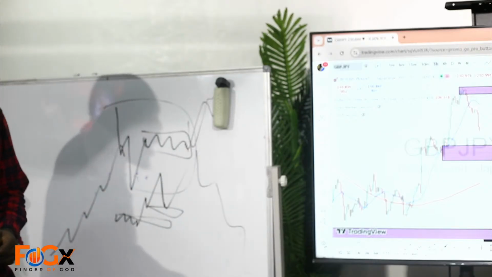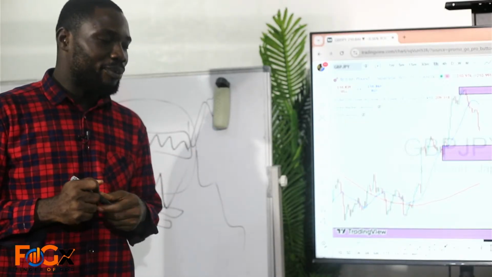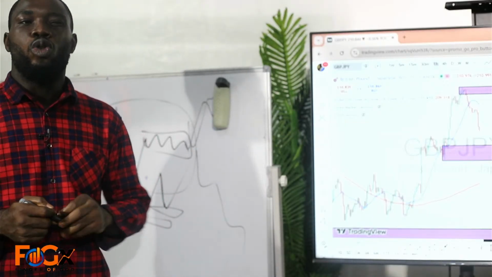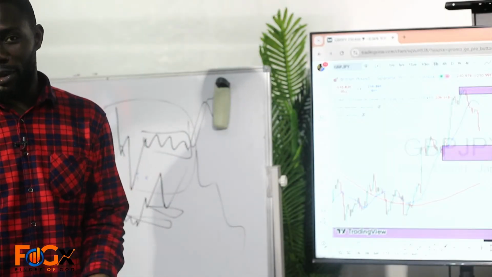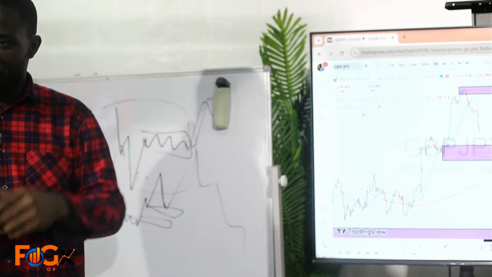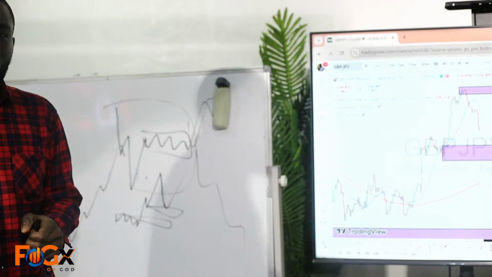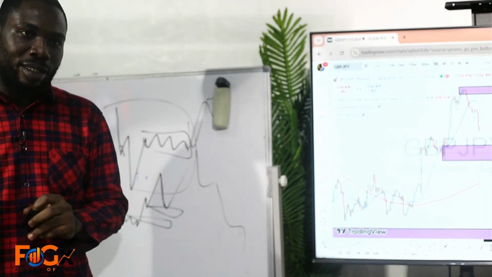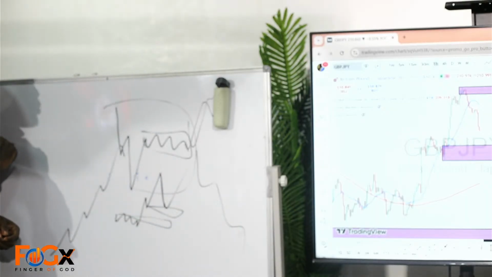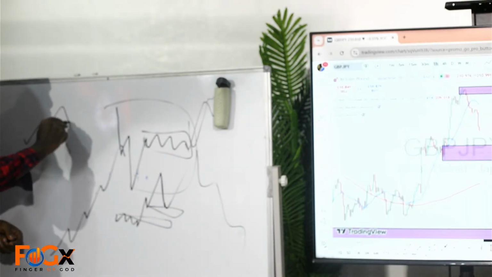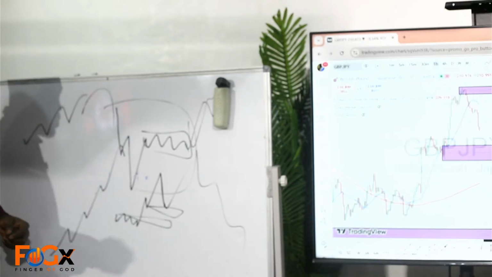The reason why is, and I wanted to say this yesterday, one of the things you must always focus on, because you are not just going to learn from us. At the end of the day, you will learn other things outside. There are trending strategies and there are reversal strategies. And I can promise you that the strategy that focuses on the market trending is far better than the strategy that focuses on the reversal.